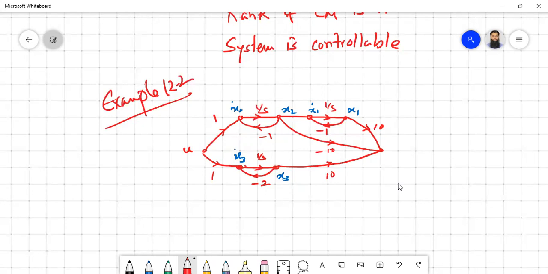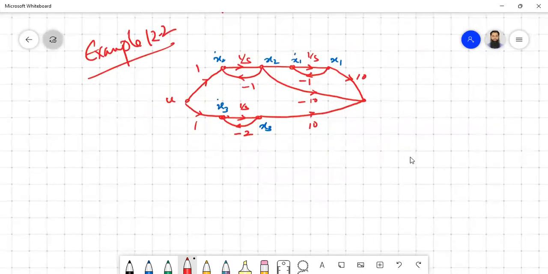Okay, so now if we find out the equation, x dot equals, basically how they're related, x1 dot, x2 dot, x3 dot. You can easily see here that x1 dot is minus x1 plus x2, and no link with x3.